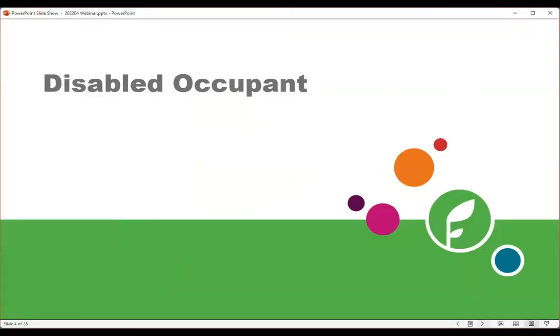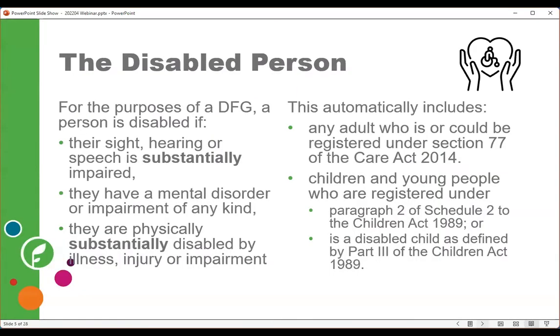So the first one is the disabled occupant. There are 2 parts of the disabled occupant. So first is you have a disabled person. That is somebody who's disabled if their sight, hearing, or speech is substantially impaired. They have a mental disorder or impairment of any kind, or, as in the vast majority of grant applications, they are physically substantially disabled by illness, injury, or impairment.